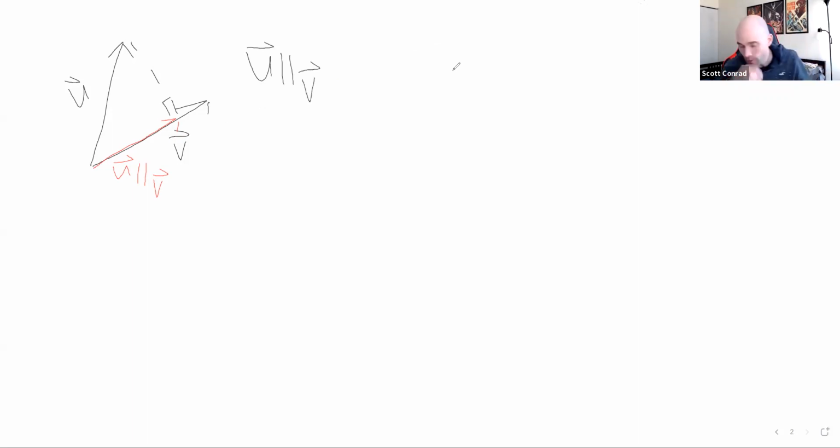Also be careful, make sure you don't mix up U and V. The way we'll remember this in relation to the formula is that V is on the bottom in this subscript. V is the guy being projected onto, right? V is the ground.